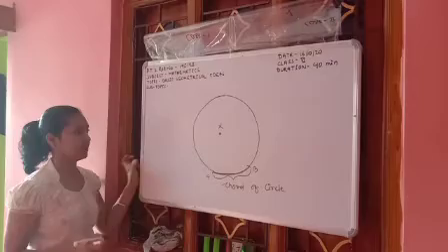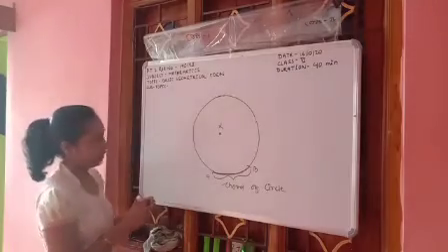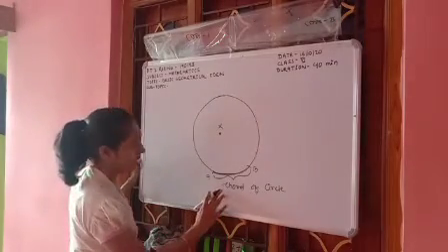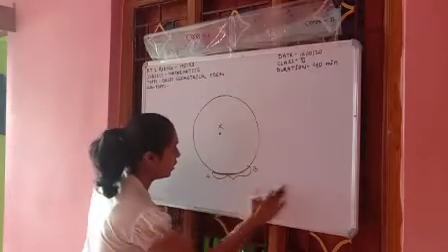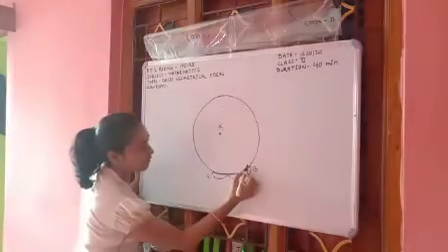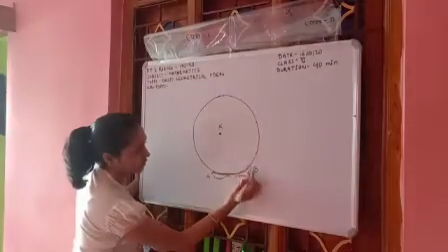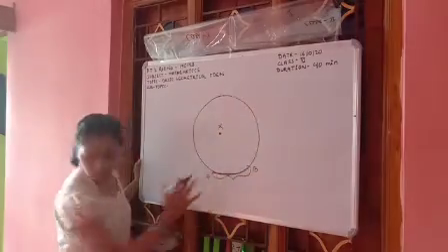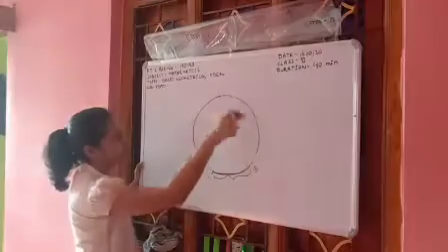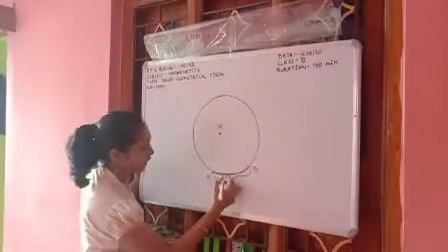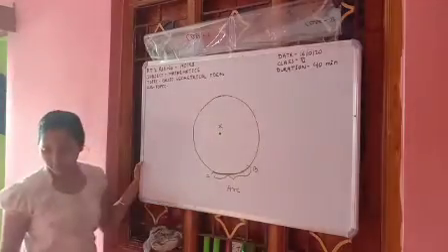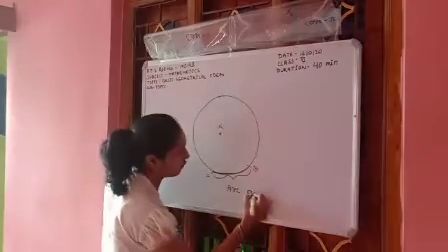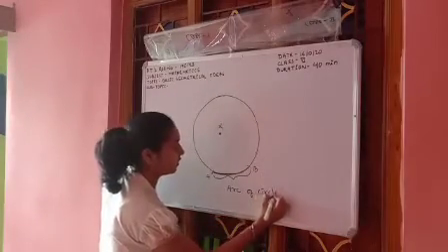Then, we have taken a small piece of the boundary of the circle, and this is known as an arc. This is the arc of the circle.